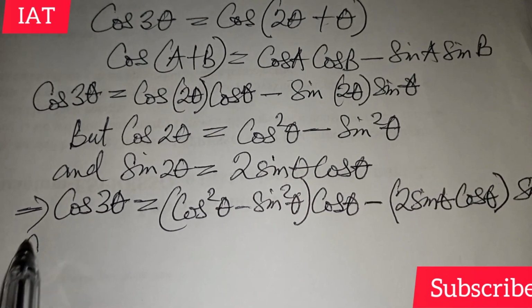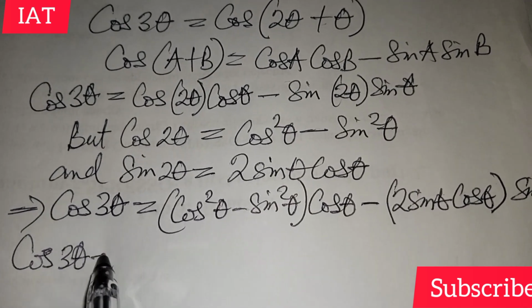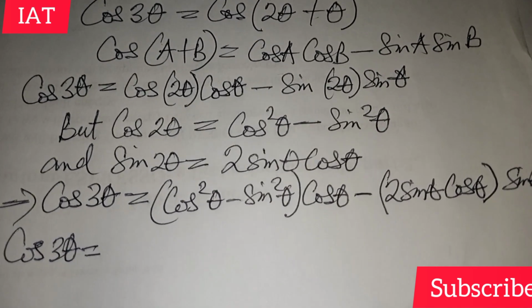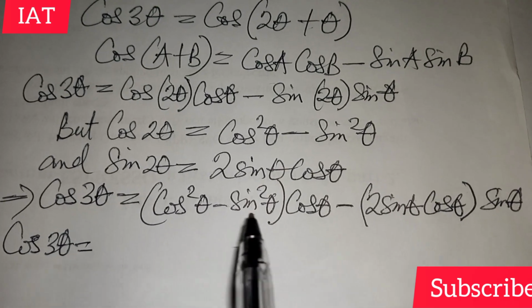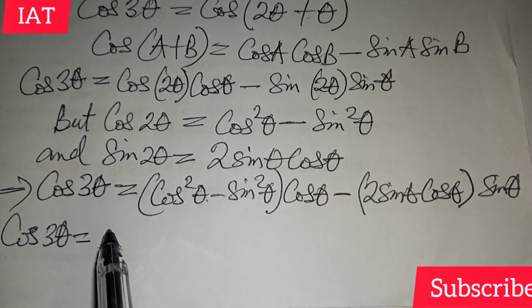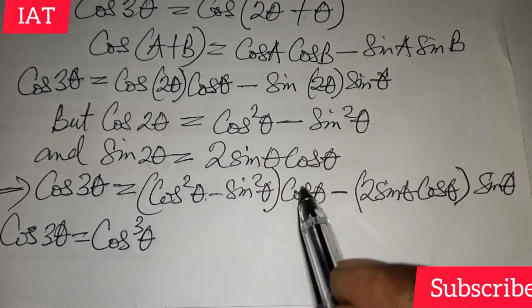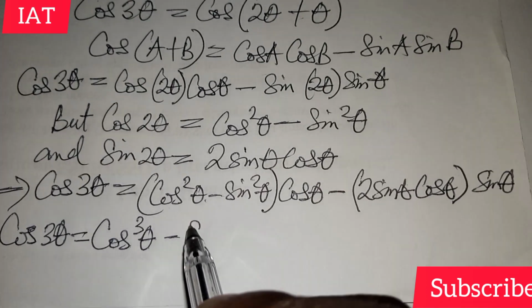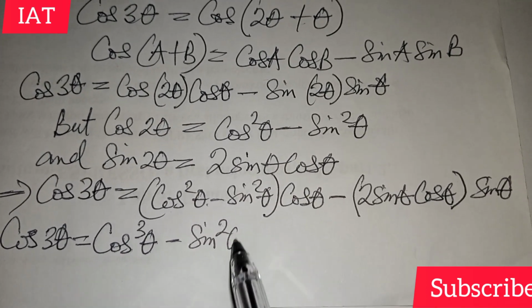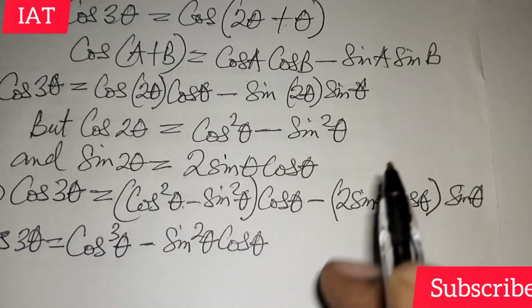So what will be the next step from here? It means that cos 3 theta will be equal to, we need to distribute, and if we do that, this multiplies by this, we have cos cube theta, and this will be minus sine square theta cos theta, right?